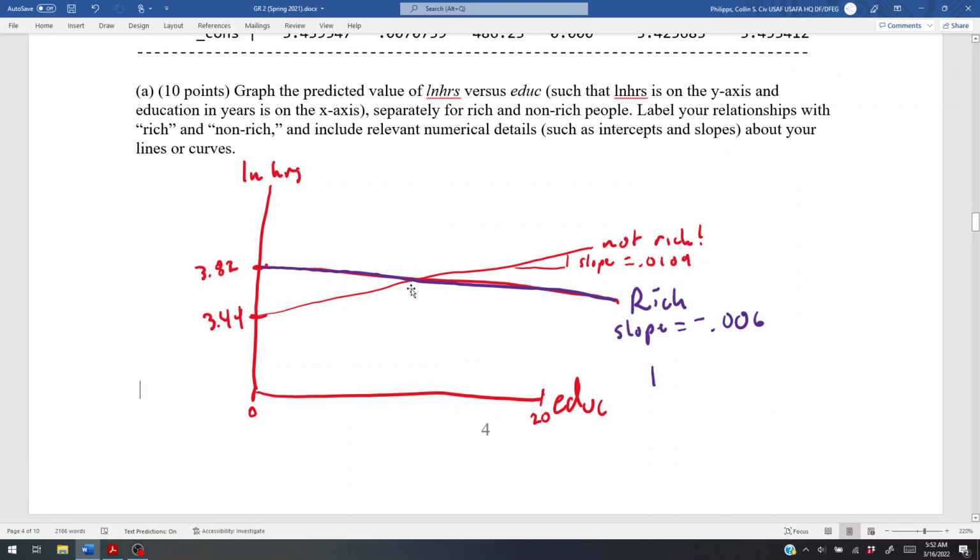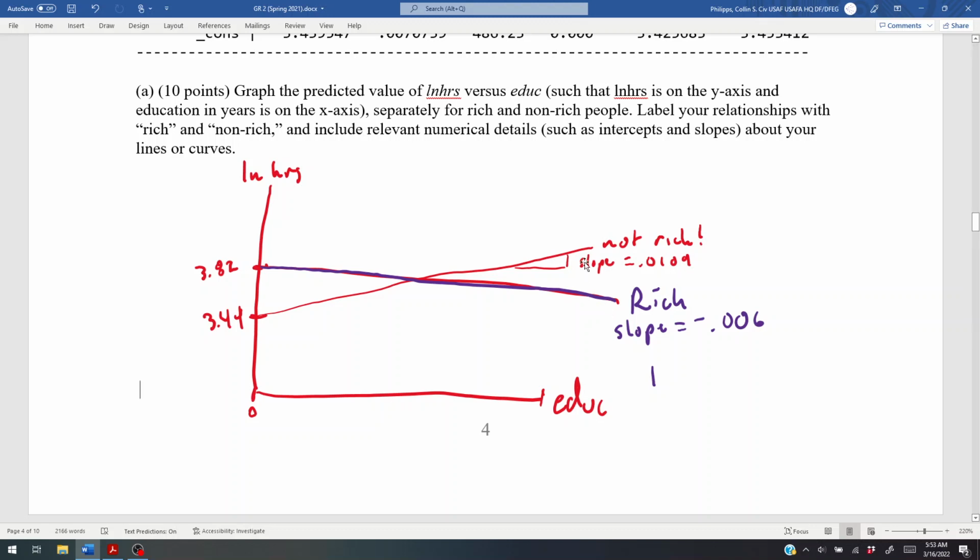Now, do they cross? It looks like they cross around 12. I don't think they do. I don't think I'm that good at art. And I just don't know, right? They cross somewhere. So if I wanted to be extra careful, I could just maybe not label my x-axis. There you go. Now they don't cross at 12 anymore.